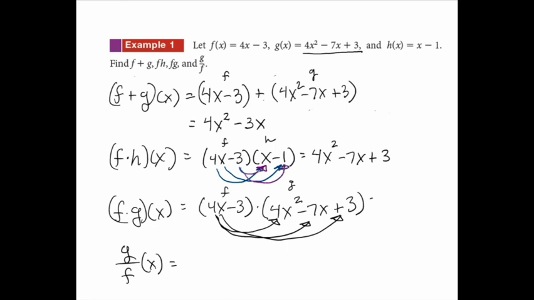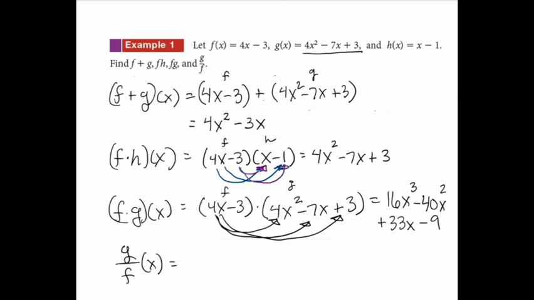And then do that same thing with the negative 3 as well. And then when you combine all of your like terms, you will get 16x to the third minus 40x squared. I'm going to continue down here, I'm running out of room. Let's see, 40x squared, and then plus 33x minus 9.